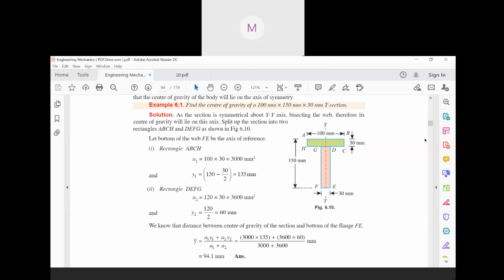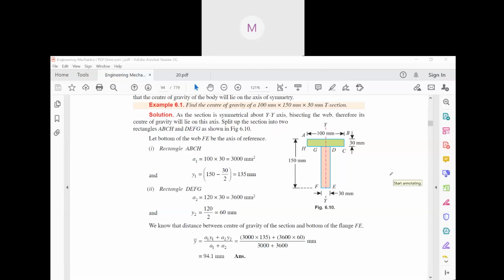So now what we'll do, look at this figure first of all. So this is a T, right? Now here your first main work is to find out which axis it is symmetrical about. Now, do you know what is a symmetrical figure?